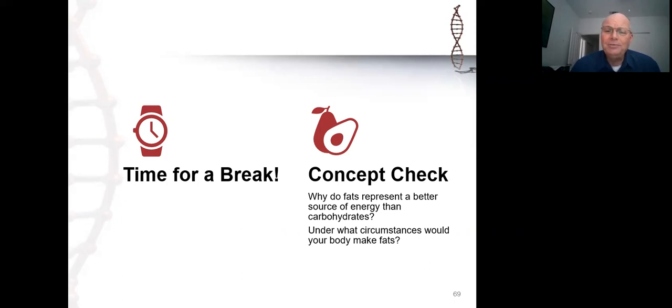Under what circumstances would your body make fats? Whenever you have an excess of calories that cannot be consumed by the body, then those will be redirected to the formation of fats. And we saw how that is a product of cell respiration. The fact that excess organic molecules from amino acids, excess organic molecules from carbohydrates can both be converted into sources of the building blocks for fats.